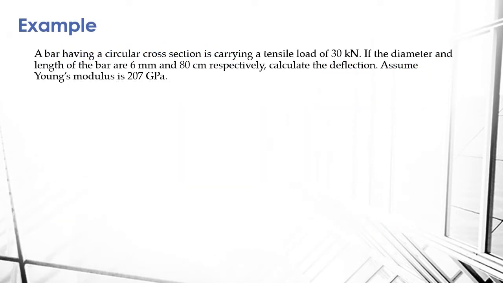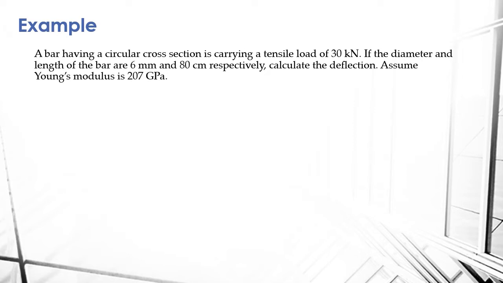Example. A bar having a circular cross-section is carrying a tensile load of 30 kilonewton. If the diameter and length of the bar are 6 mm and 80 cm respectively, calculate the deflection. Assume Young's modulus is 207 gigapascal.